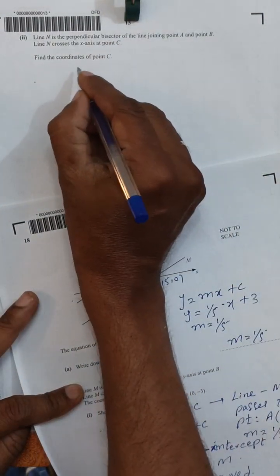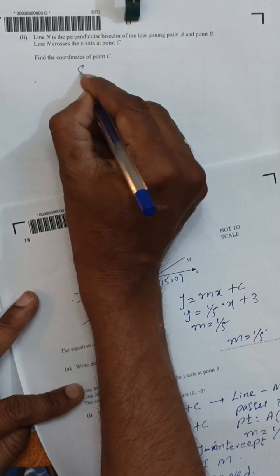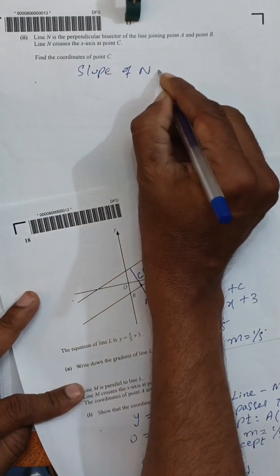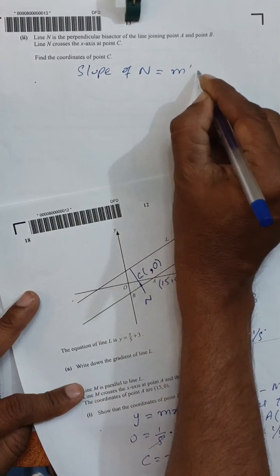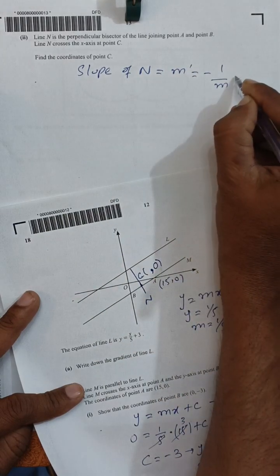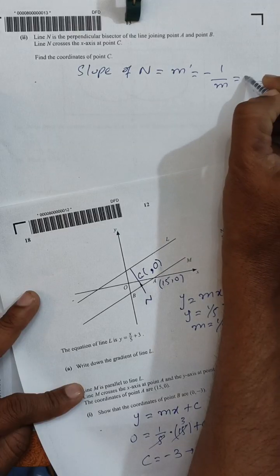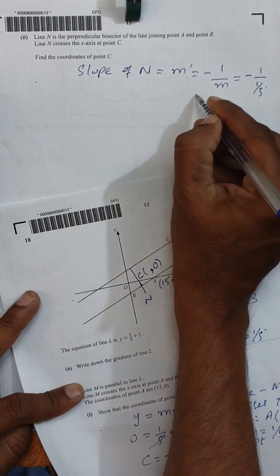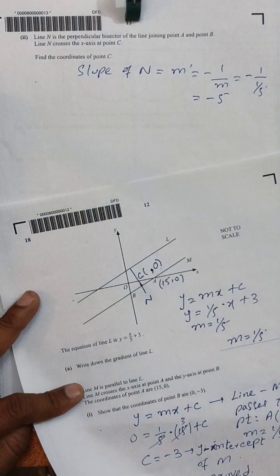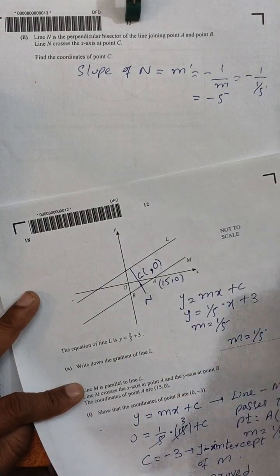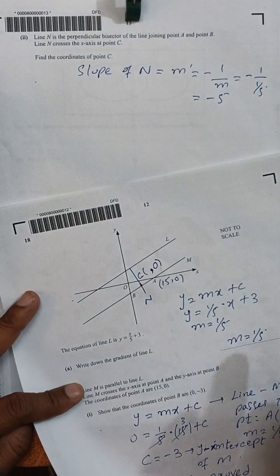First, the slope of N, m dash, equals minus 1 over m, which is minus 1 over 1 over 5, so that equals minus 5. Because m was 1 over 5.